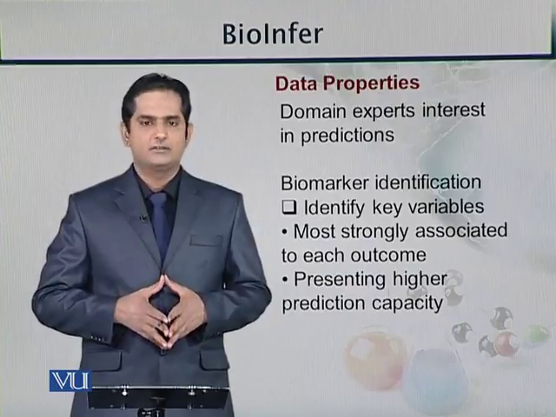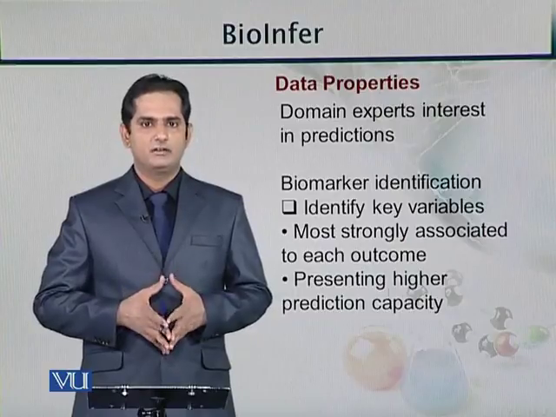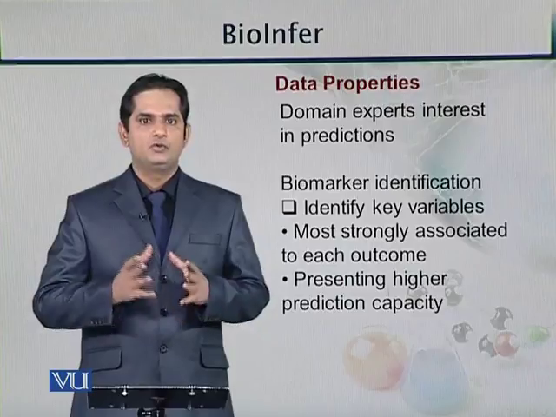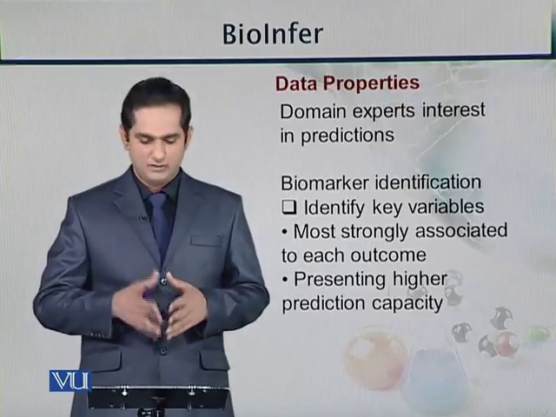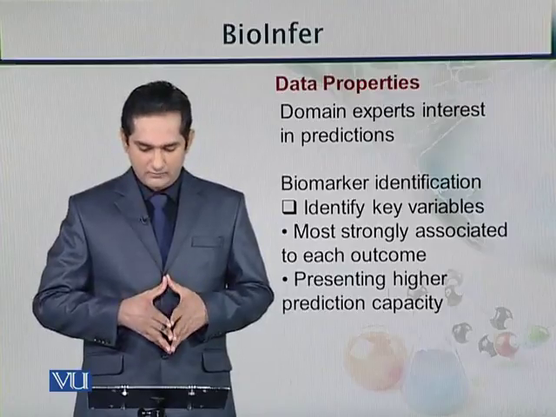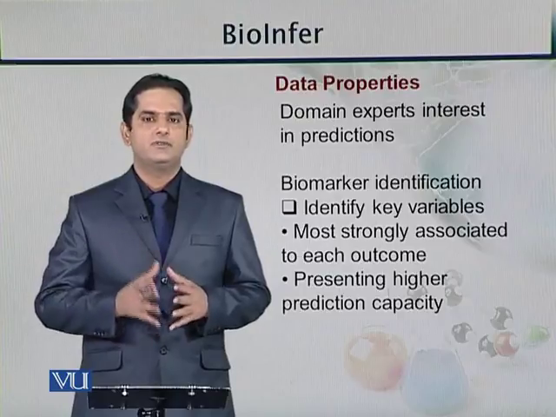Here we have a concept of biomarker identification. So what is a biomarker? Biomarkers are basically measurable quantities inside data that provide tagging or annotation information. So what are the steps? Number 1, they try to identify key variables inside a given data stream.